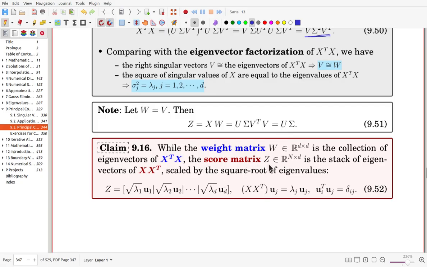The score matrix Z is the stack of eigenvectors of X X transpose. When we learn singular value decomposition, we already know that the columns of U are eigenvectors of X X transpose, scaled by the square root of the eigenvalues. So that is exactly here. The Z is square root of lambda 1, of course that is sigma 1, times U1, and sigma 2 U2, and so on.